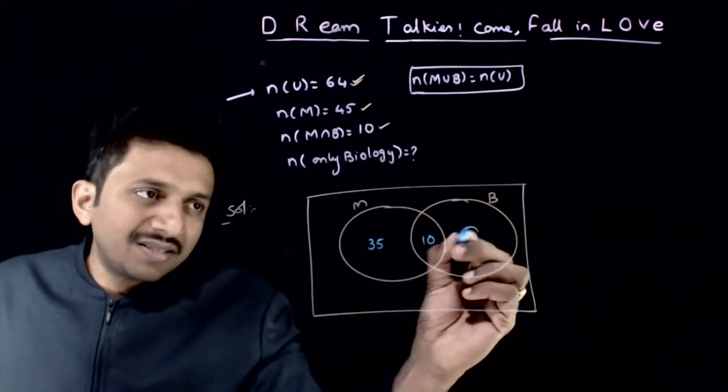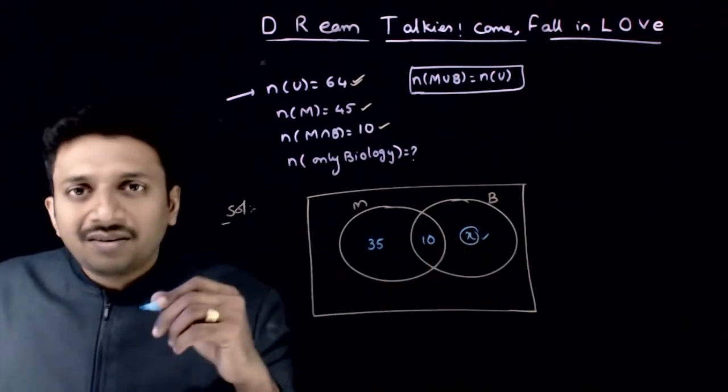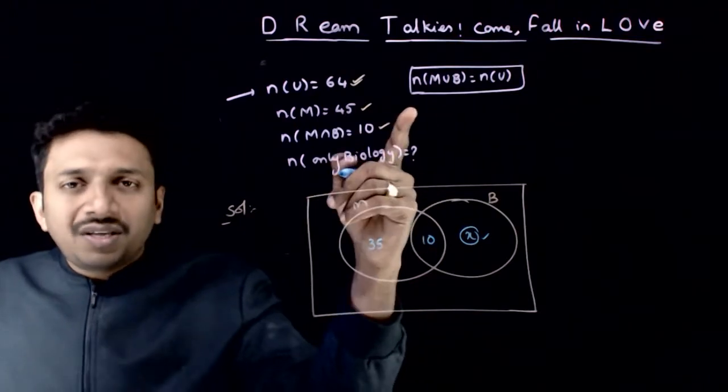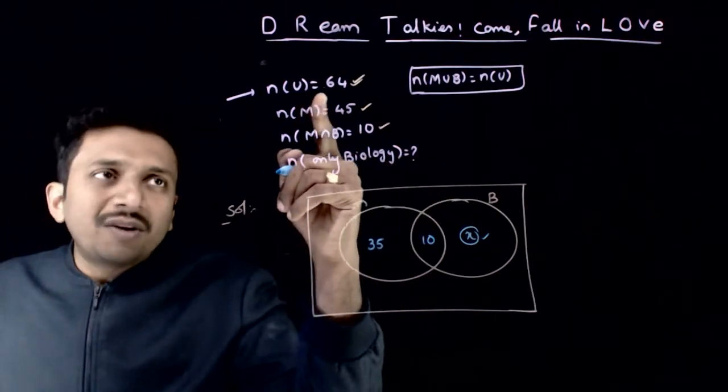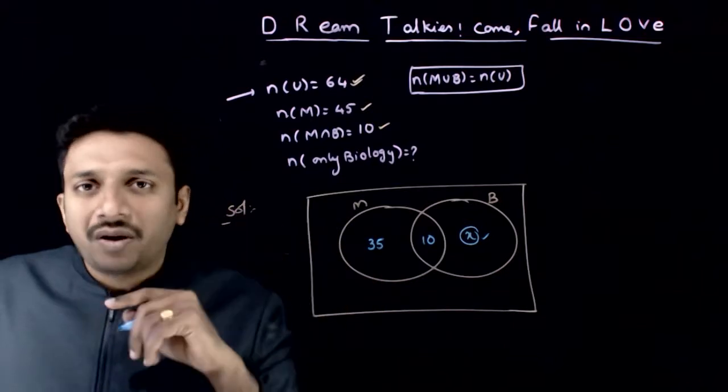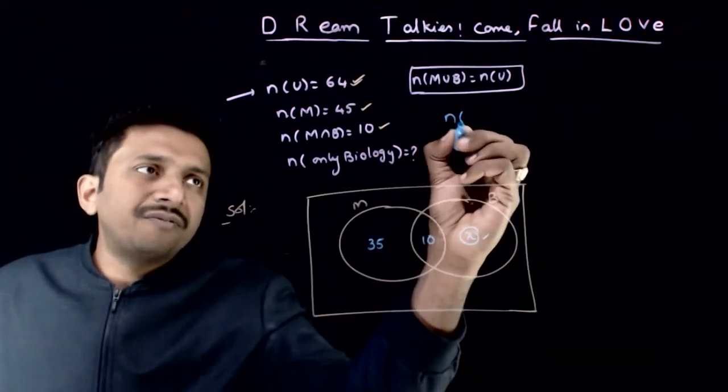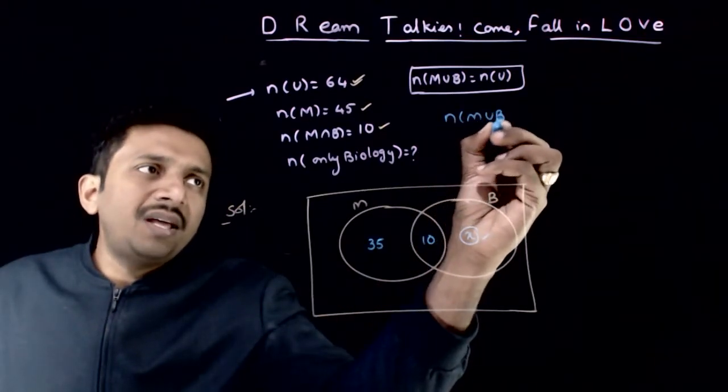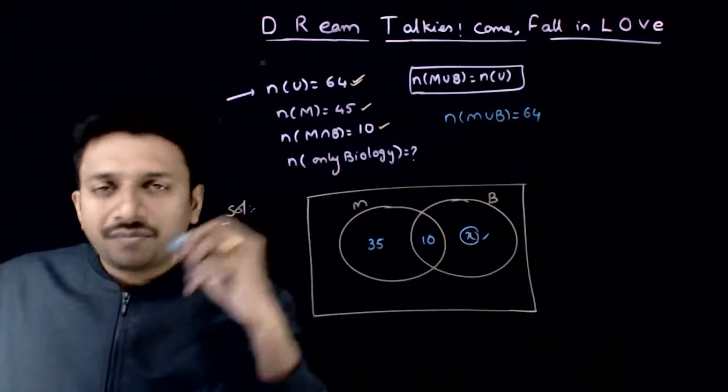This is being asked. And according to the given question, it's given that all the students have passed either in maths or in biology. That is n of M union B is equal to 64.